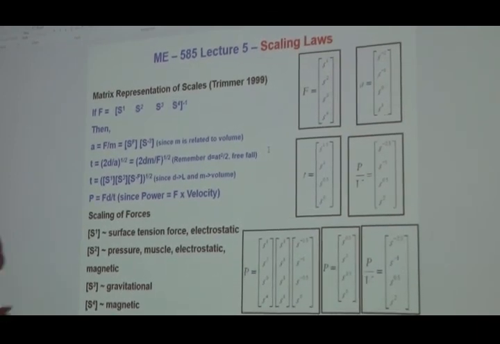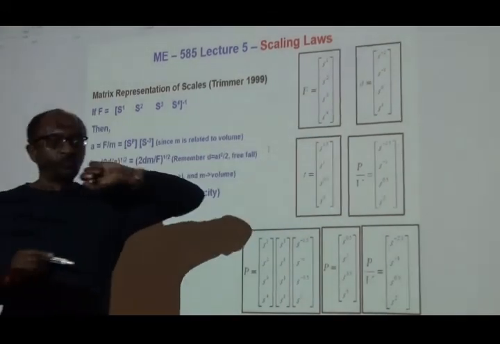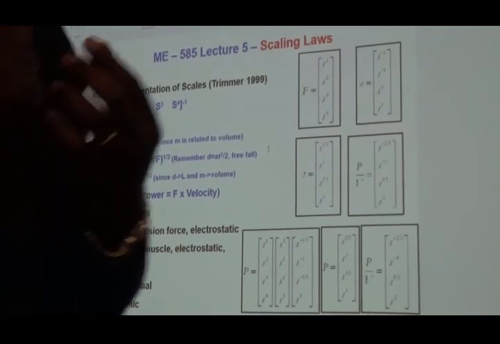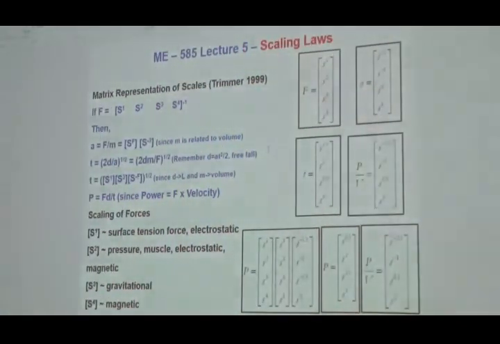Now, if it turns out I have a force which scales with S squared, remember, if I reduce the length by half, how much does the force reduce? By 4. You reduce by half, then it's squared, so it's going to reduce by S to the power 2, which is 4.